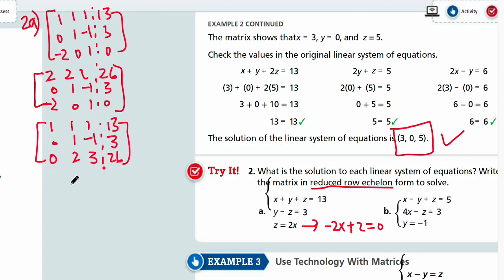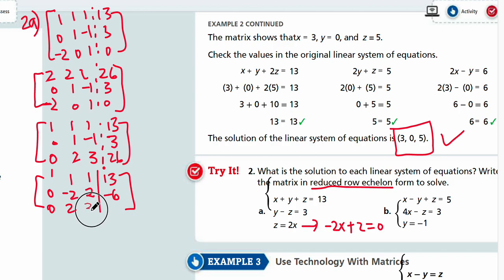Okay, and now what can we do next? We have 1, 0, 0 in the first column. We're getting closer and closer. After that, you can multiply the second row by 2 in order to add these two and get rid of it. Or you can multiply by negative 2 and add them, okay? So the second row, we're gonna multiply by negative 2. 0, negative 2, and then positive 2, negative 6.